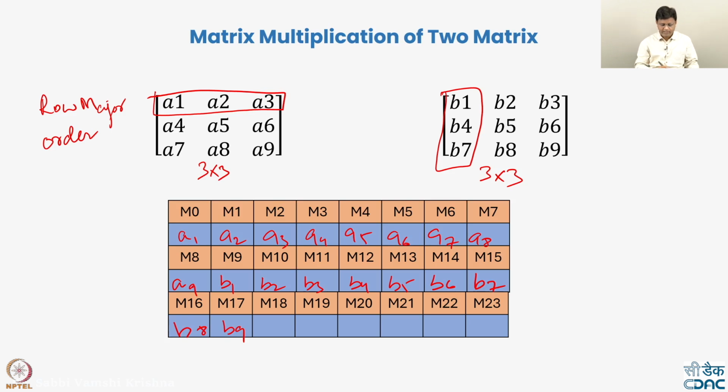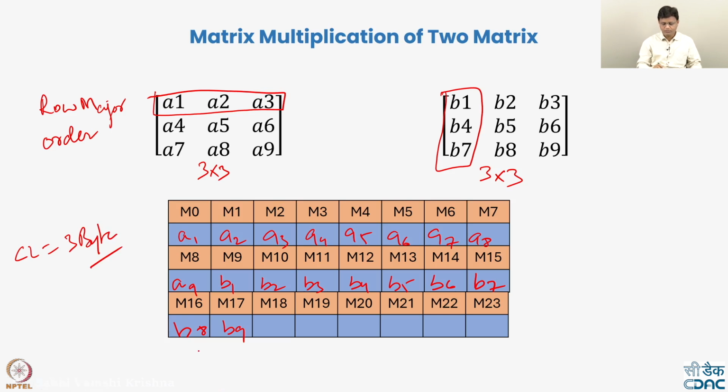And I am assuming that my cache line size, which I am writing as CL, is 3 bytes, just to make the explanation simple.